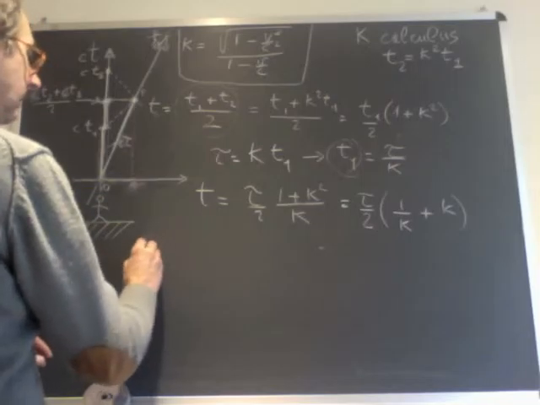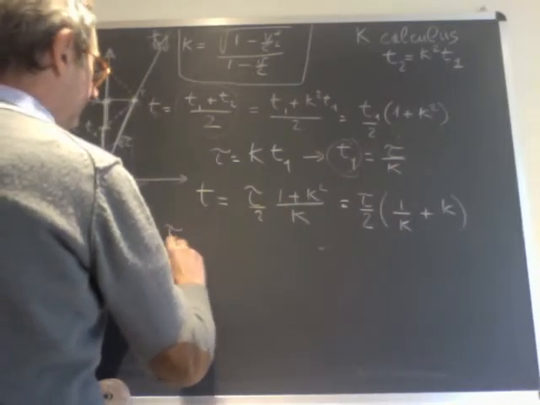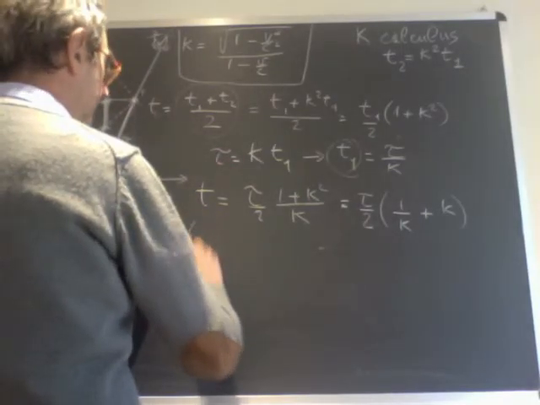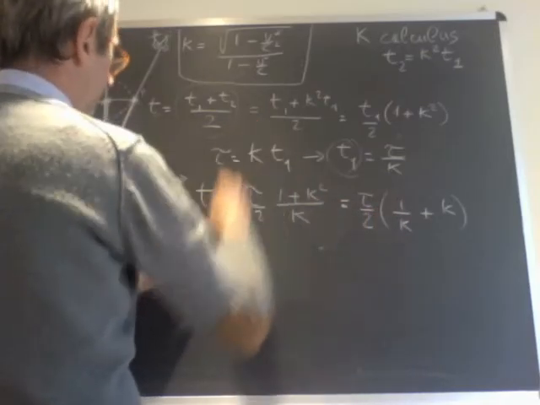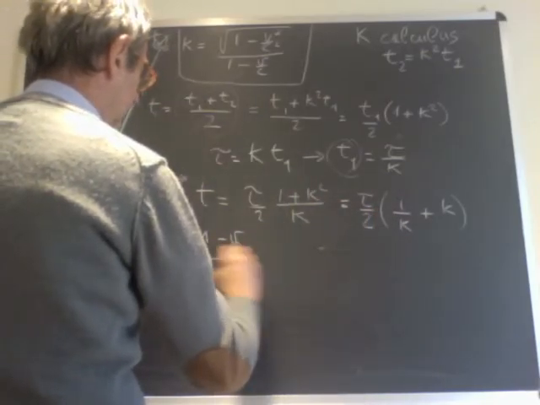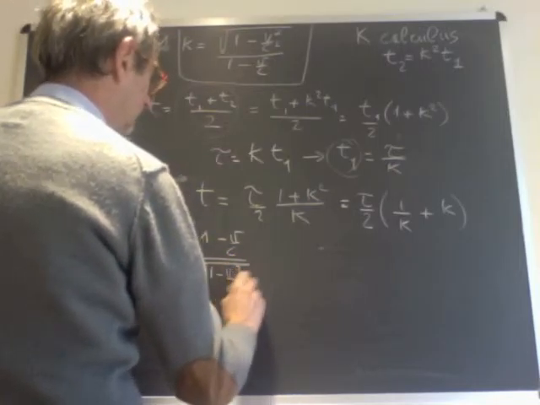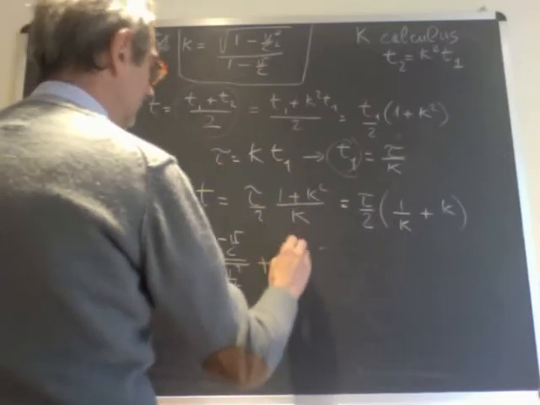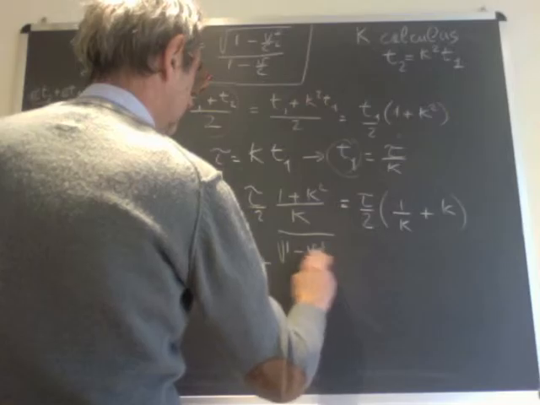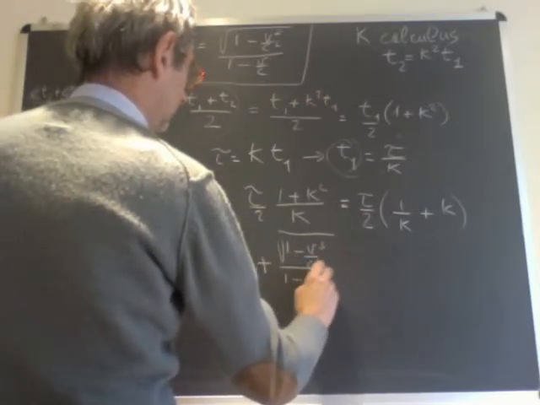Now I substitute k, and I get tau over 2 multiplied by 1 over k, that is the inverse of this, 1 minus v over c divided by the square root of 1 minus v squared over c squared, plus k, the square root of 1 minus v squared over c squared over 1 minus v over c.